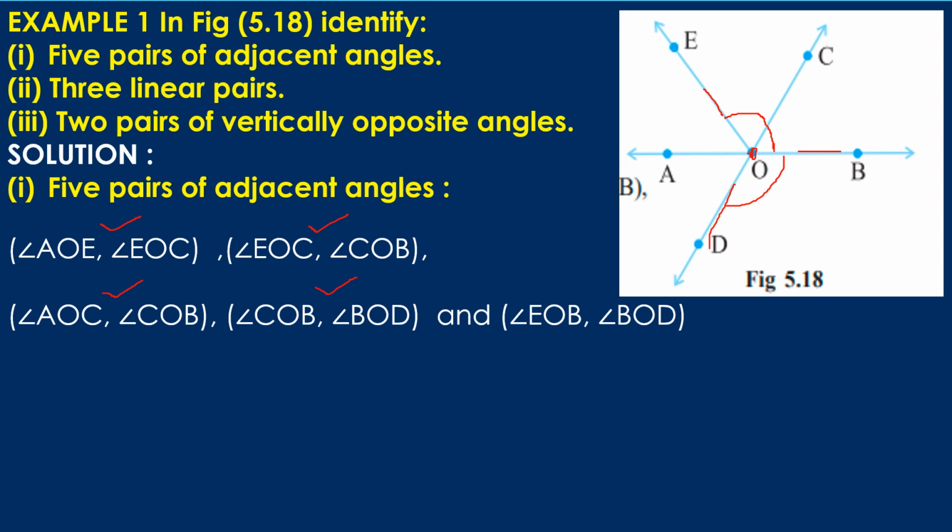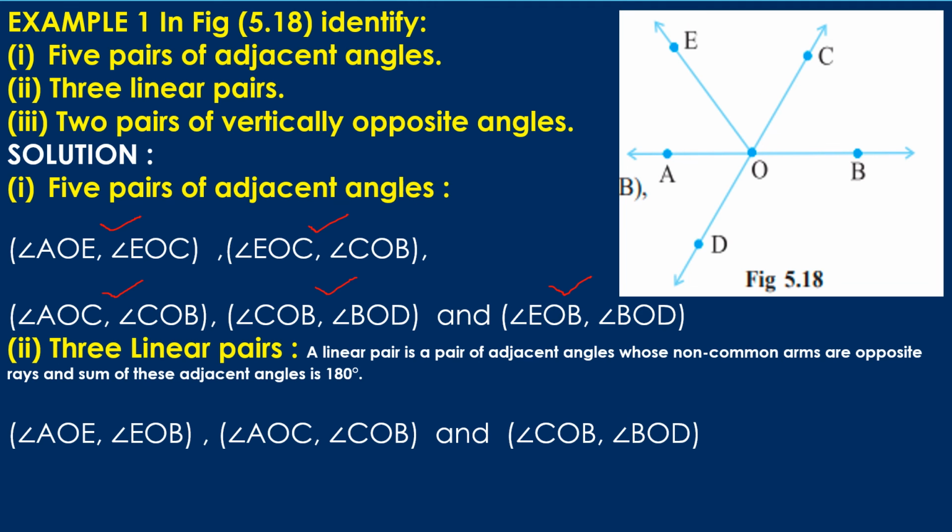So this is a pair of adjacent angles. Like this, we can identify the pairs of adjacent angles which meet the requirement of adjacent angles. And the second case, we have to identify three linear pairs.